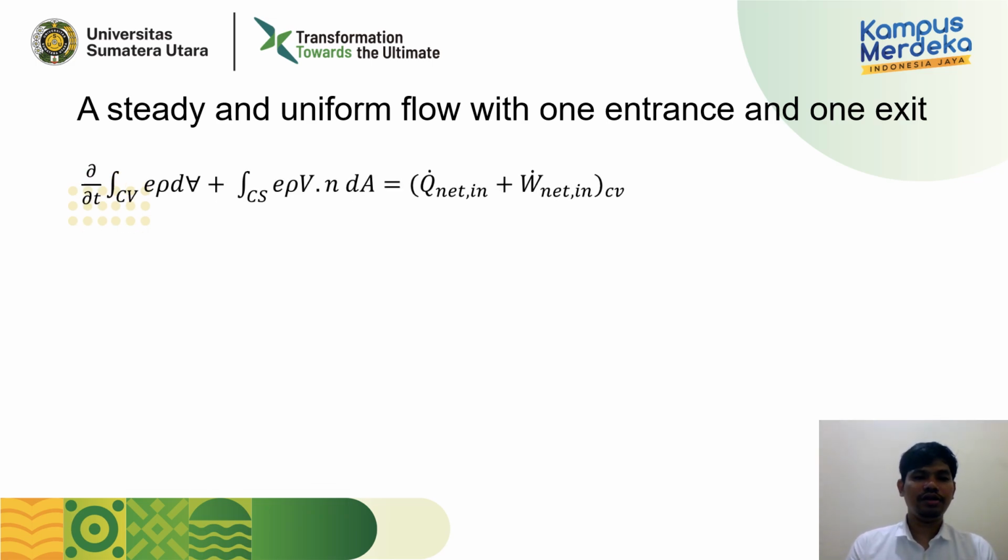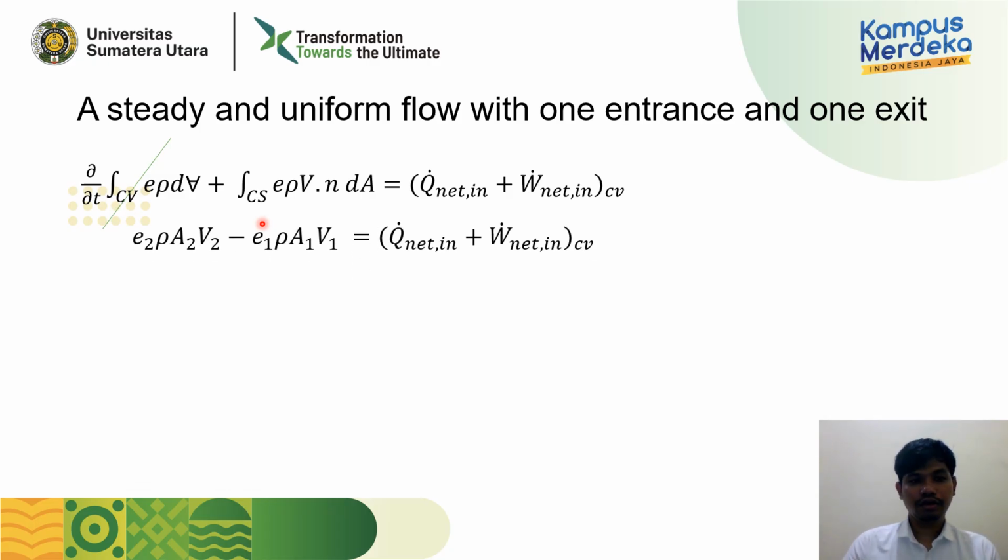So we'll have the equation like this, and since it is a steady situation, we don't need to calculate the time rate of the energy change inside the control volume. We need to focus on this one, and then the heat transfer and the work transfer inside the control volume. So we'll get these equations.